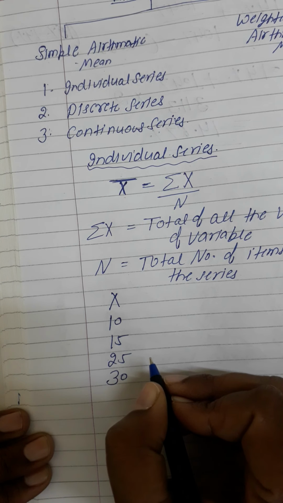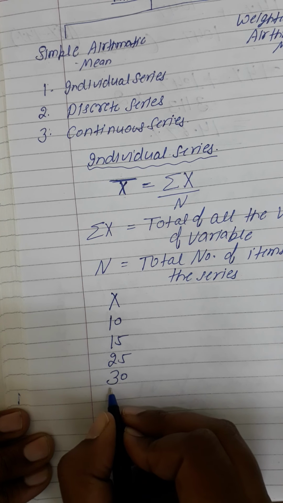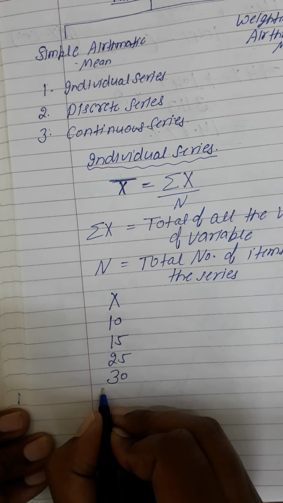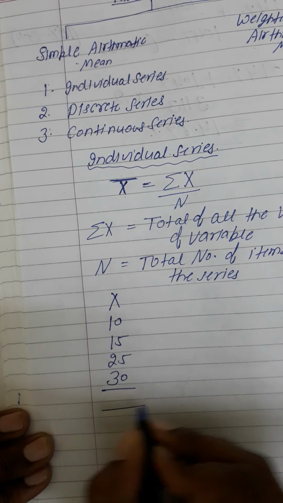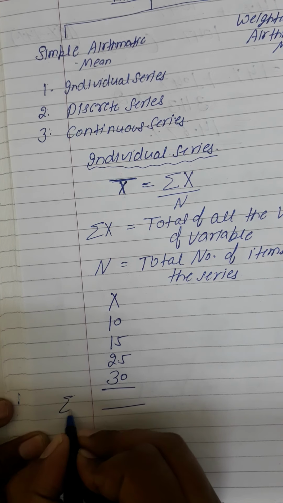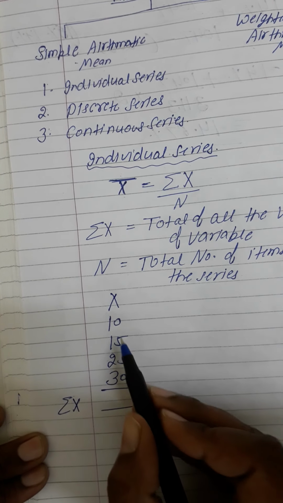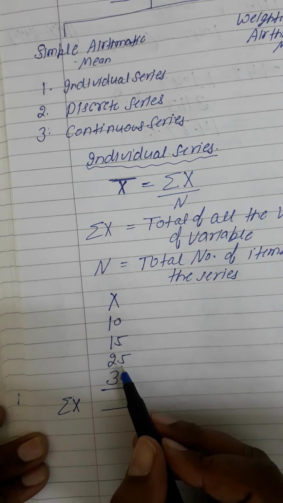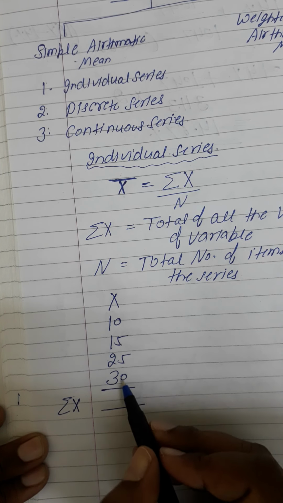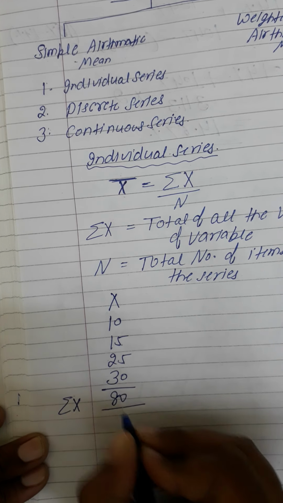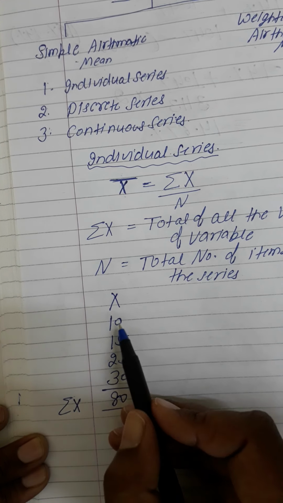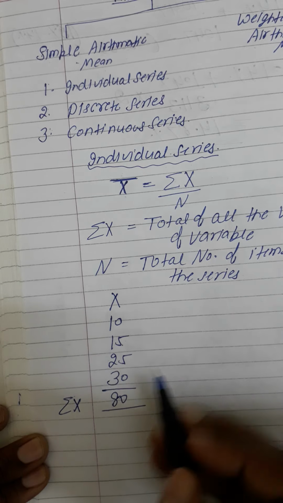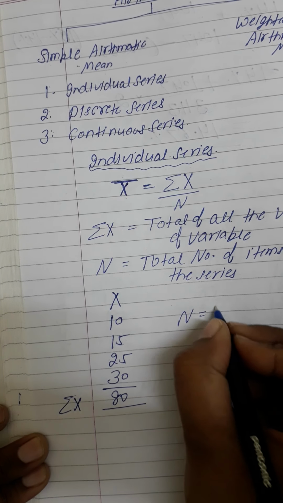Now to calculate arithmetic mean we have first of all to add all these values of x to find out summation x. 10 plus 15 is 25, plus 25 is 50, plus 30 is 80, and the number of items is 1, 2, 3, 4, so n is 4.